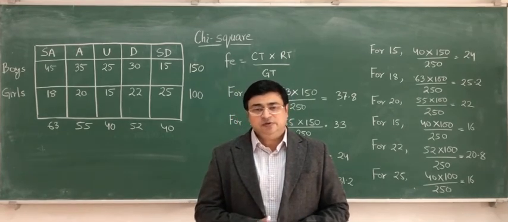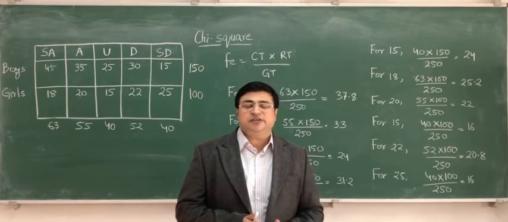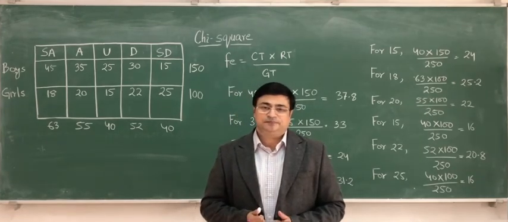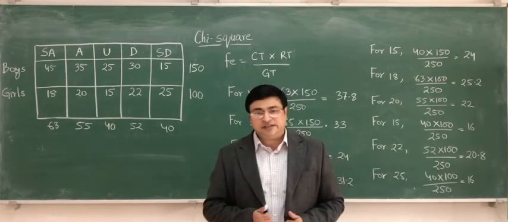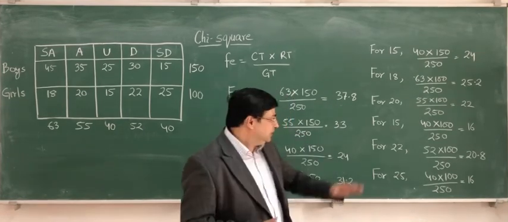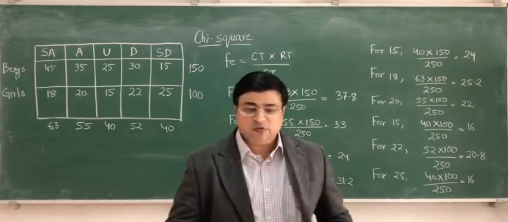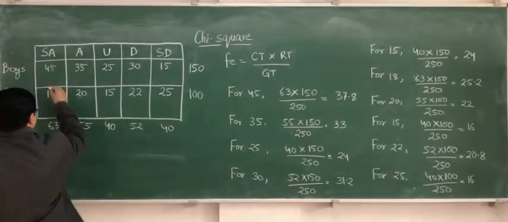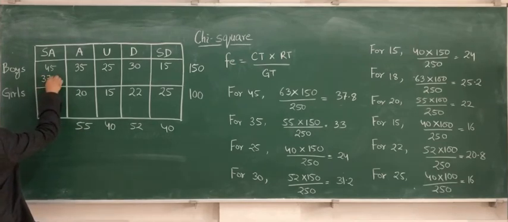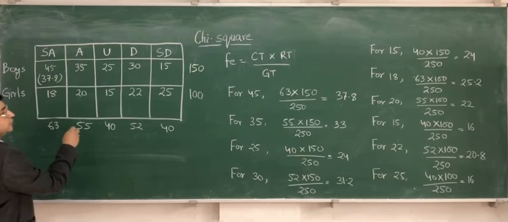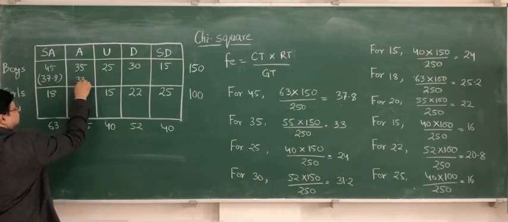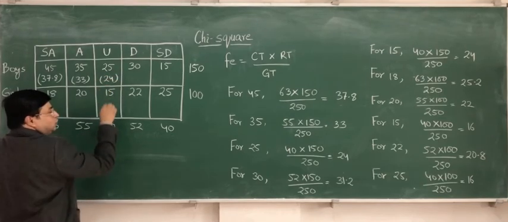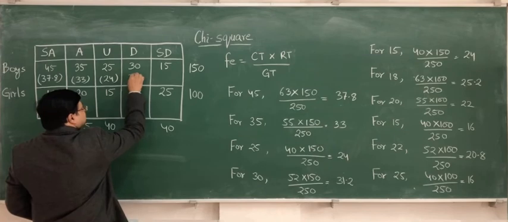Now we are going to write these expected frequencies just below the observed frequency. So let me write it and then we will rub this blackboard. It is 37.8. Next is 33. For 25 it is 24. For 30 it is 31.2.